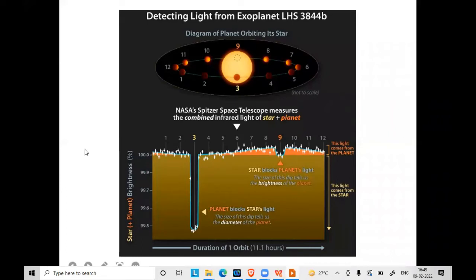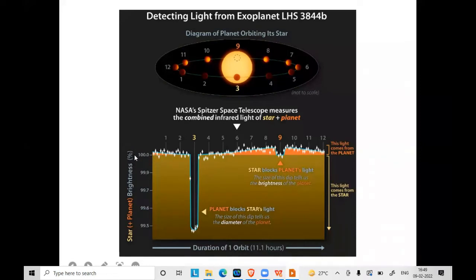So how do we actually detect these exoplanets? As you can see, here is an exoplanet revolving around its star, and these positions are numbered. When it is at number 3, it is blocking the starlight, though only slightly, so you can see a very minute fluctuation in the star's brightness.